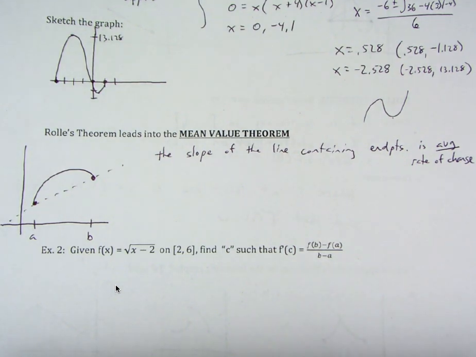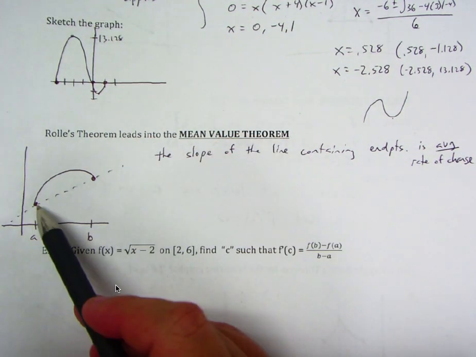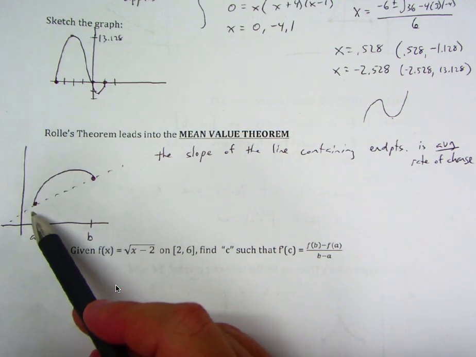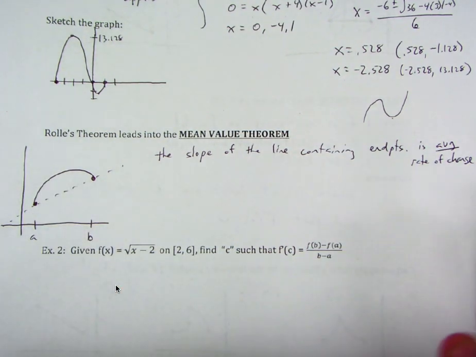What the mean value theorem is going to tell us is that if you have a continuous and differentiable function, now the y values don't have to be equal. You could throw the third condition out the window.